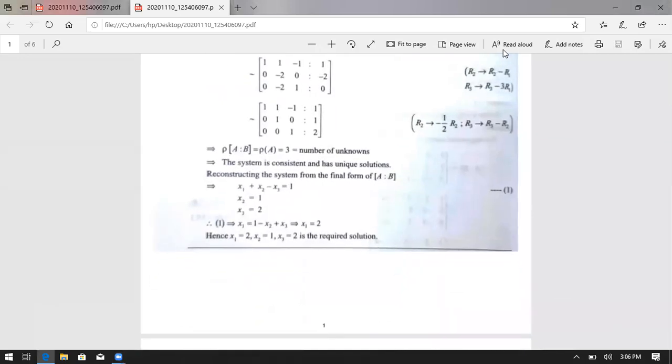Next come to here. We know the x2 value and the x3 value. x2 is 1, x3 is 2. Then substitute into equation 1. This is equation 1, and I don't know the x1 value. After that we know x2 and x3 values: x2 value is 1, x3 value is 2.